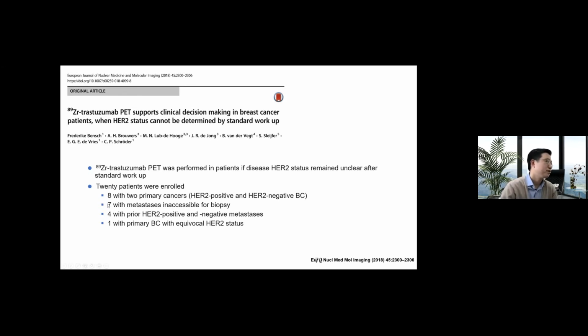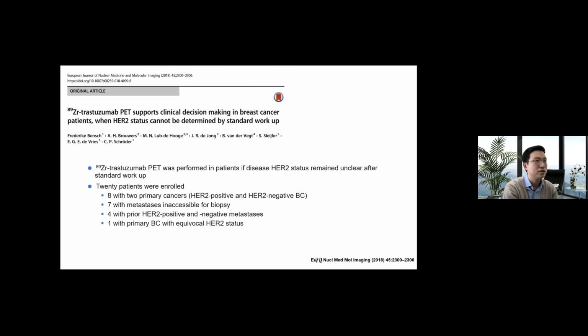And 7 patients had metastasis, but it is inaccessible for biopsy. And 4 patients had a previous metastasis, both HER2 positive and negative.